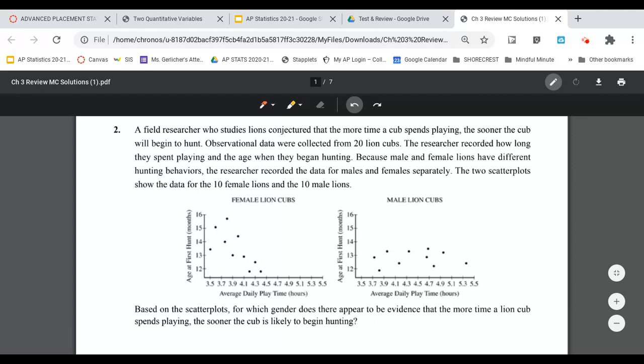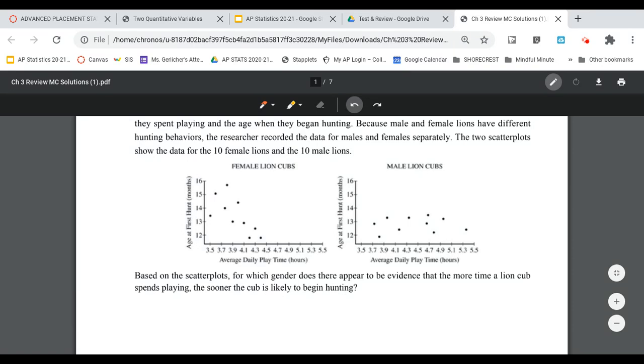Number 2, this is one where basically they're saying, does there appear to be evidence that more time spent playing makes the sooner the cub is ready to hunt? So high playtime is what they're asking about.